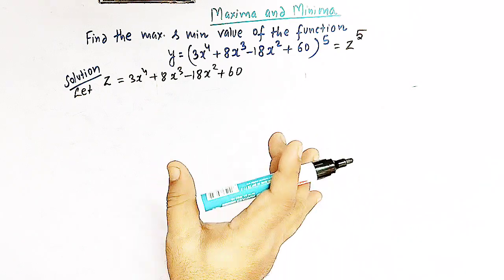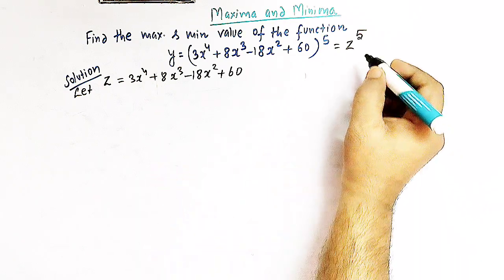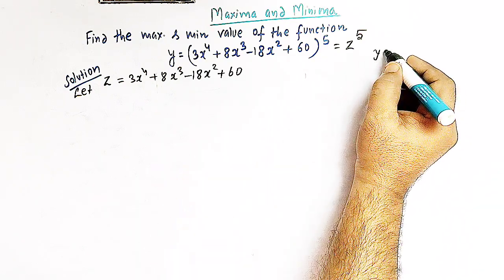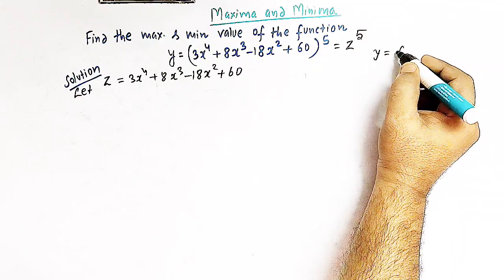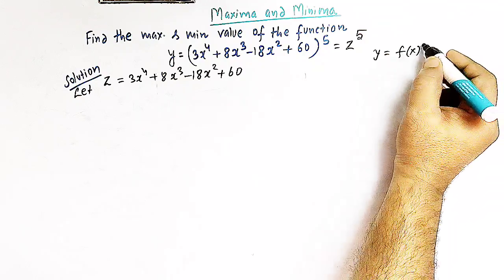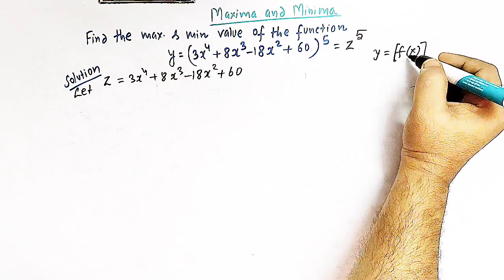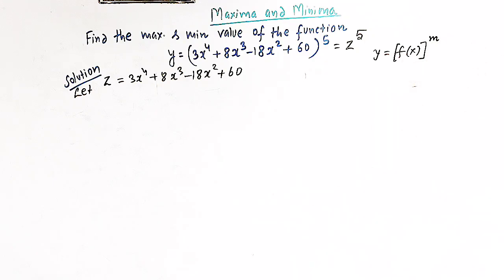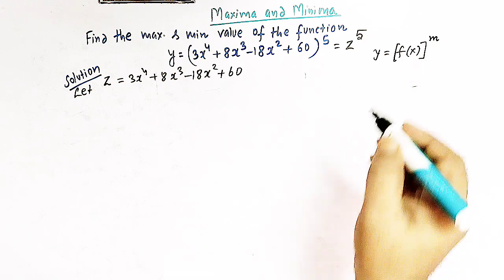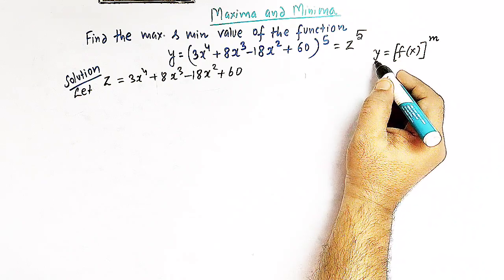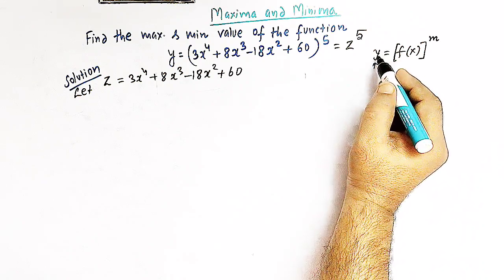Here we are going to use the concept that if we have a function y which is expressed as some power m of a function f(x), and we have to find the maximum and minimum value of this function y.